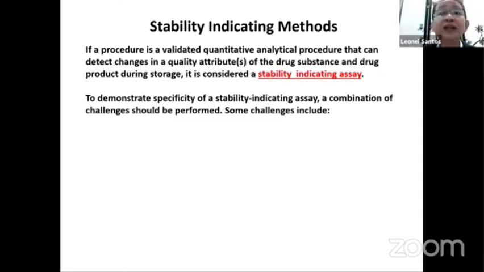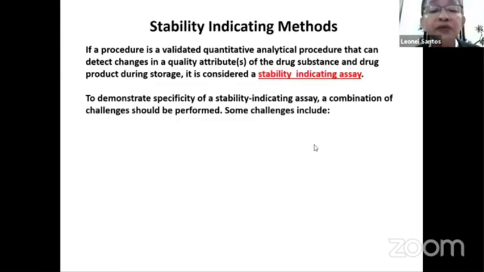For example, if it's an acid-base titration, the base will titrate any acid regardless of what type of acid it is, as long as it has the acid functionality. While in HPLC, that's the reason why it's been used so widely for many years, the HPLC allows you to do separation of the components before the quantitation.